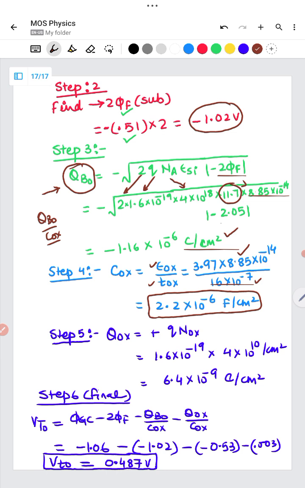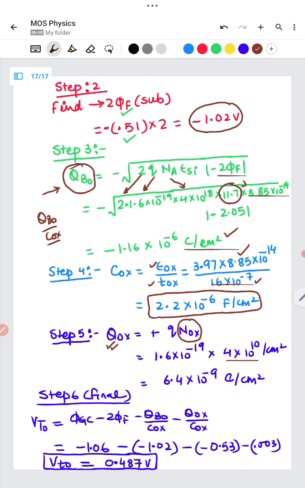So in step number 4 you have already calculated COX, which will be needed in term number 3 and term number 4. Now you have to find out the QOX, the oxide charge density. The number of charges density was given, that was 4 into 10 to the power 10.